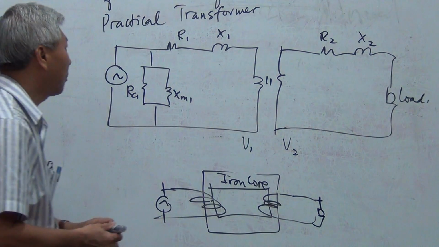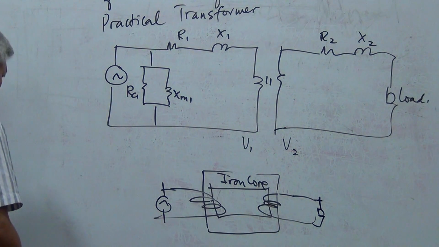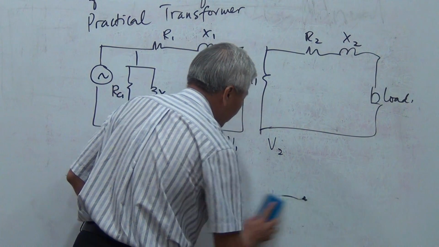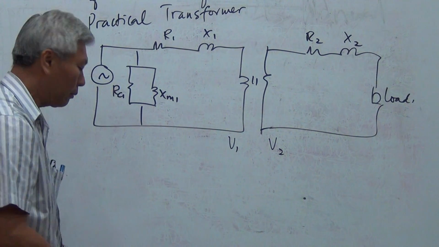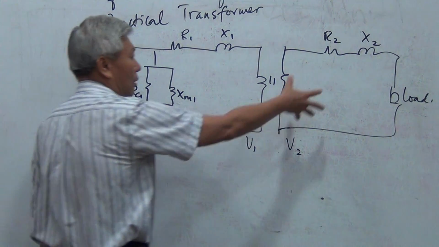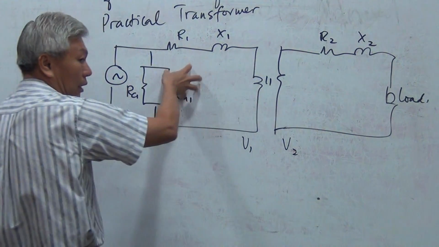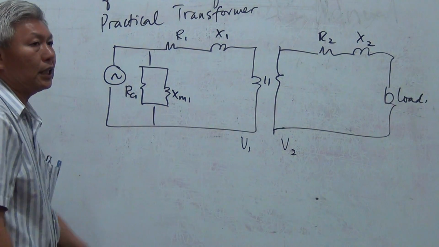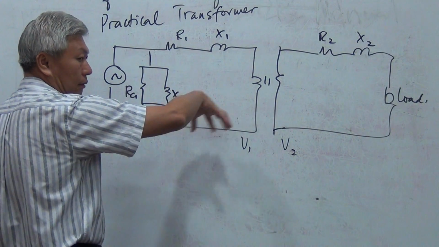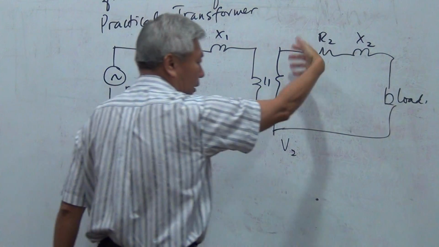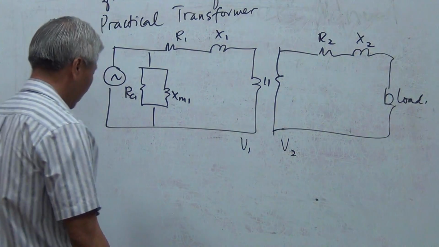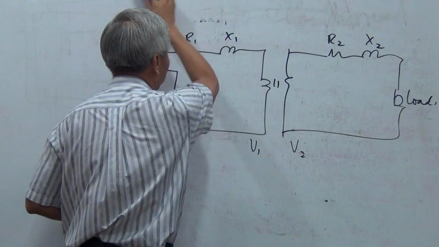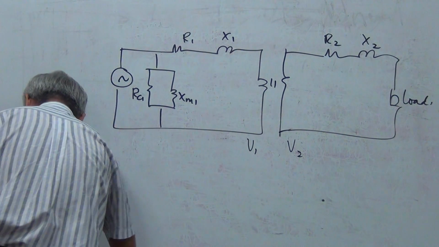So these are called the parameters. Now what we are going to learn is that we will be able to simplify circuits by referring parameters, moving these parameters to here or moving these parameters to there, right? Originally your primary side has these 4, secondary side has these 2. Okay, so now the next thing that we want to learn is to refer parameters.